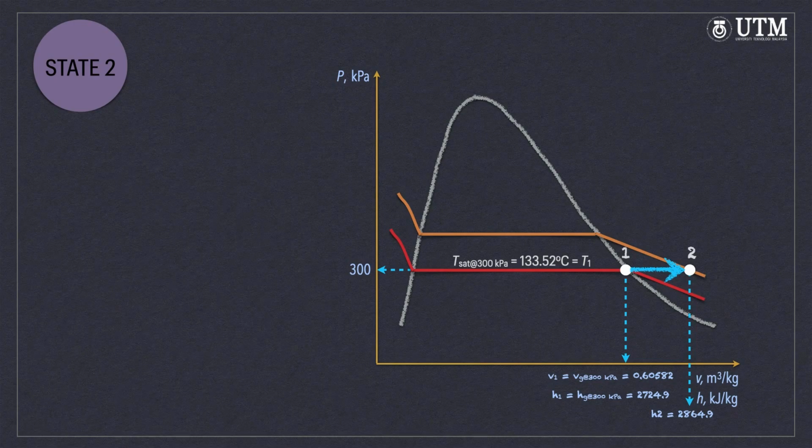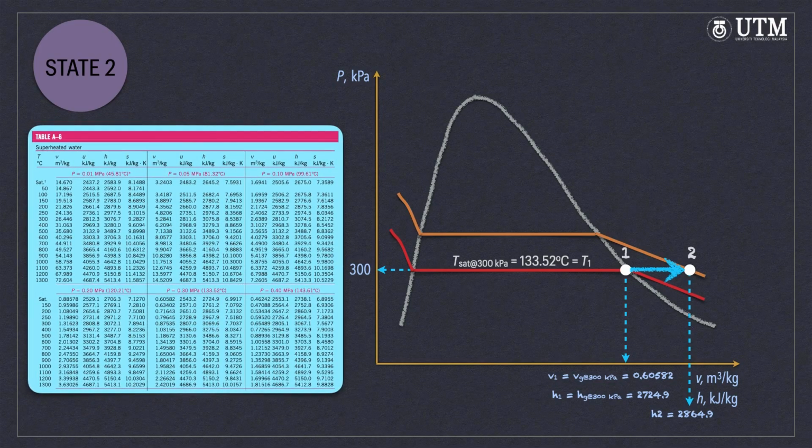The temperature at this state can be obtained in table A6. At 300 kilopascals or 0.3 megapascals, the enthalpy of state 2 is 2864.9 kilojoules per kilogram, which rests in a superheated vapor.